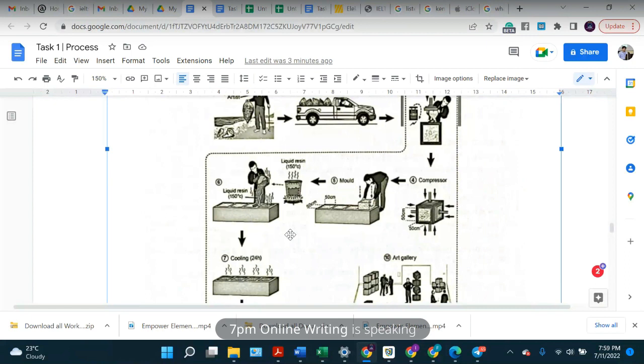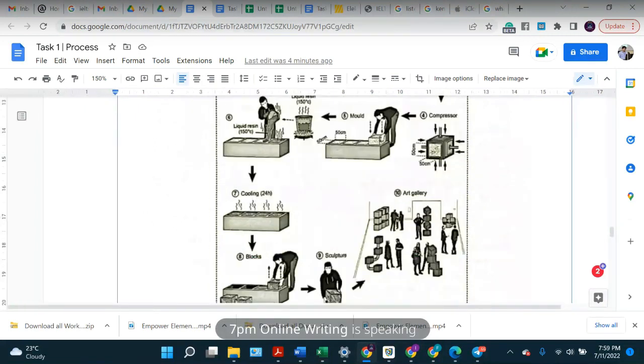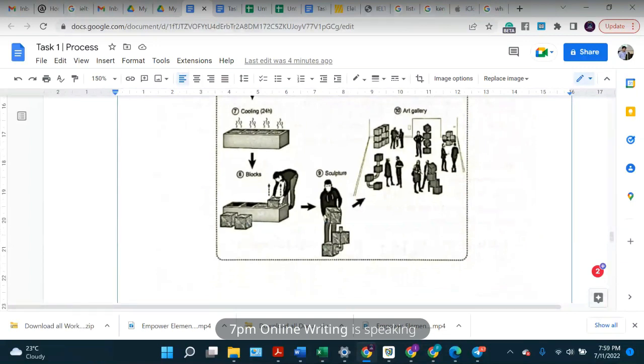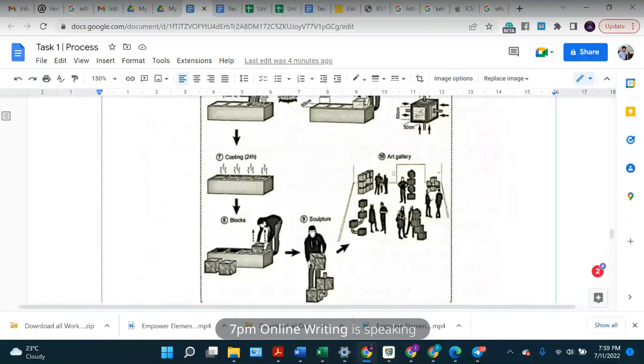And then you're adding this liquid resin into the mold. Yeah. And then you're cooling it for 24 hours, just taking out the blocks. And that's it. And then sending them to the art gallery, right? Yeah, for viewing. Oh, so you're making it into a sculpture. Okay, so this step 9 is making it into a sculpture.